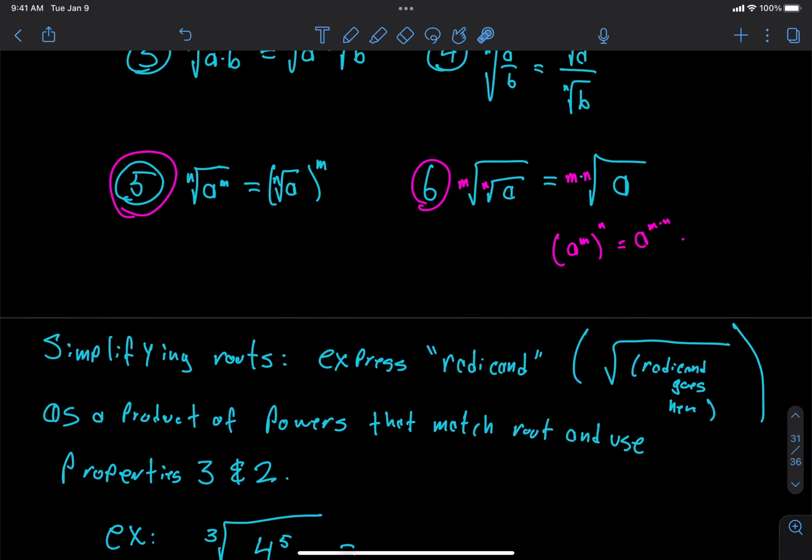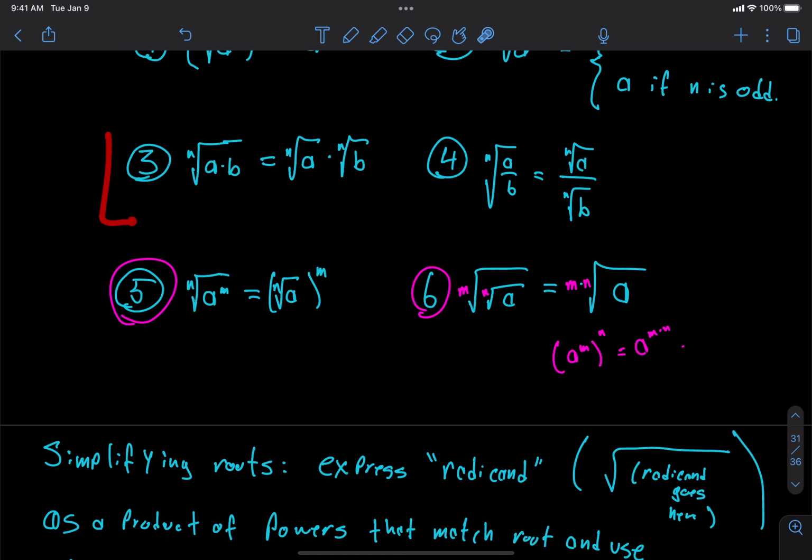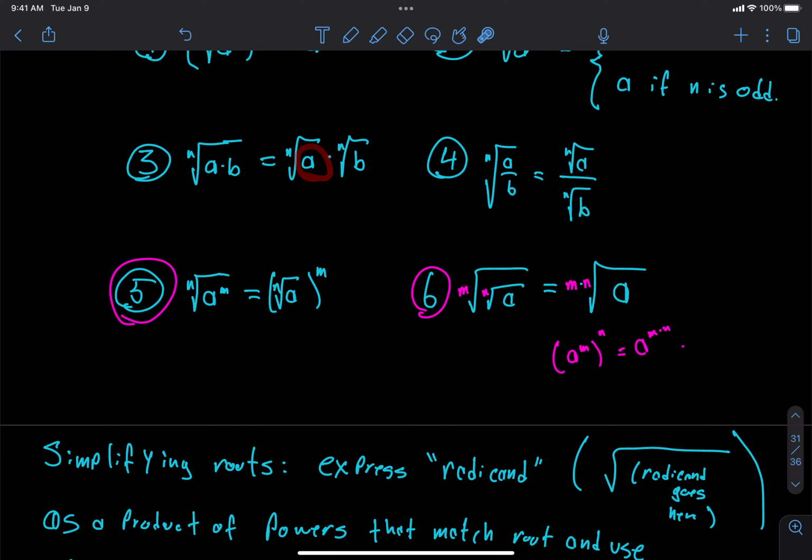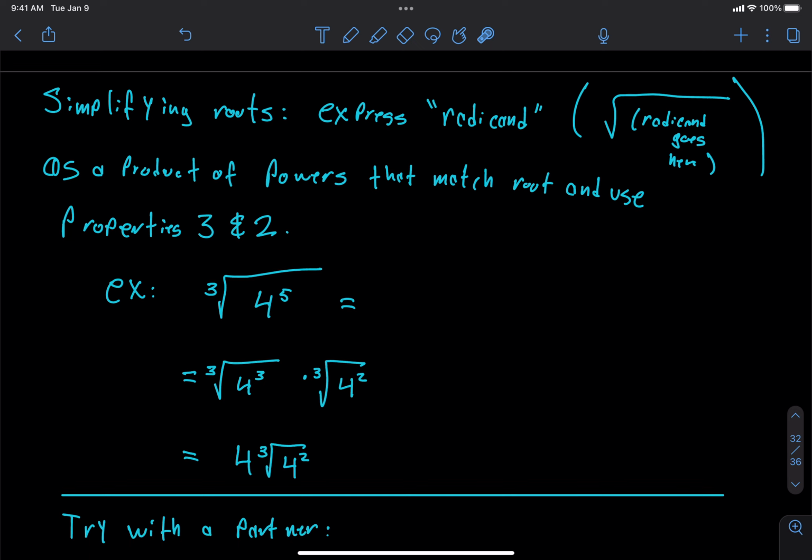Those are the properties where we can say that the square root of a product is the same as the product of the square roots. So if I can break down the radicand as two things, one of which I can take the root of easily, then I can simplify by taking it out. So let's see how that works.